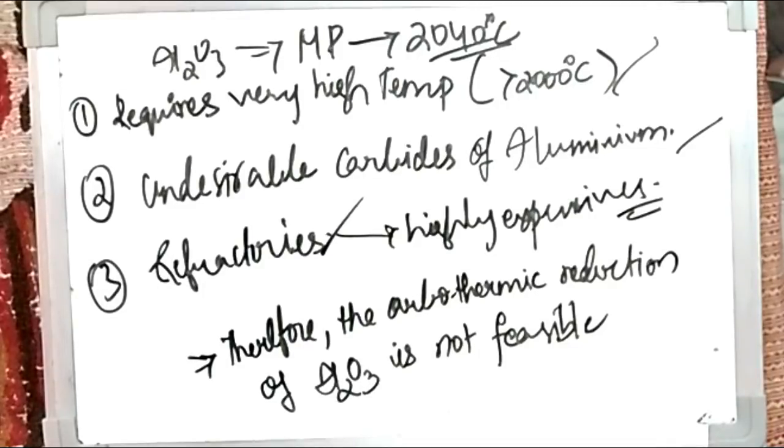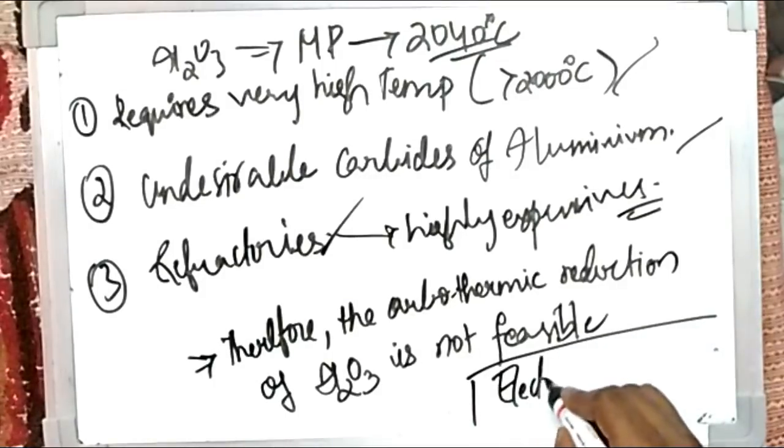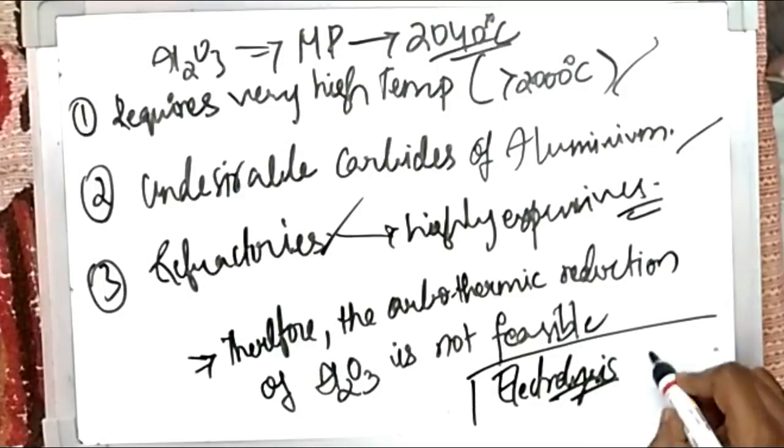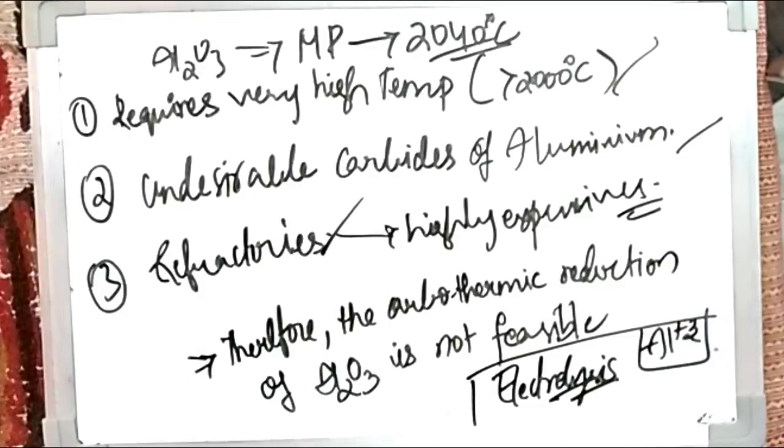One more thing: many of you may think about electrolysis, that we can do electrolysis and separate these. But from the EMF series, usually Al3+ is the cation, and cations are deposited at the cathode.